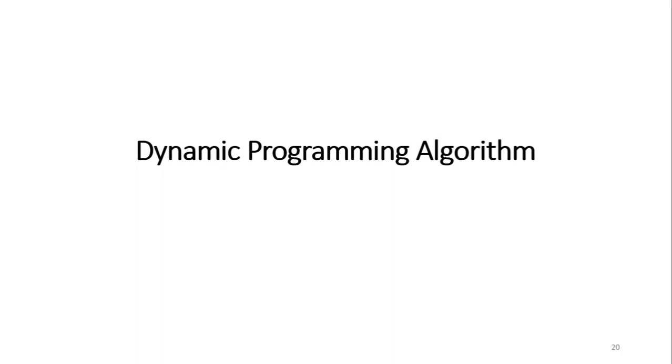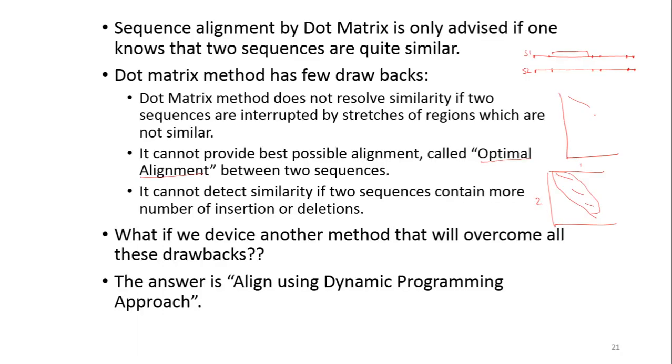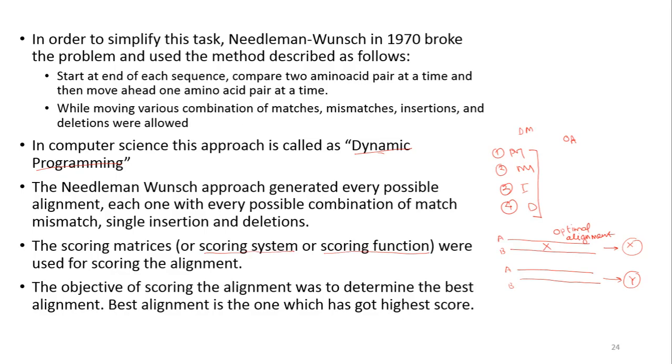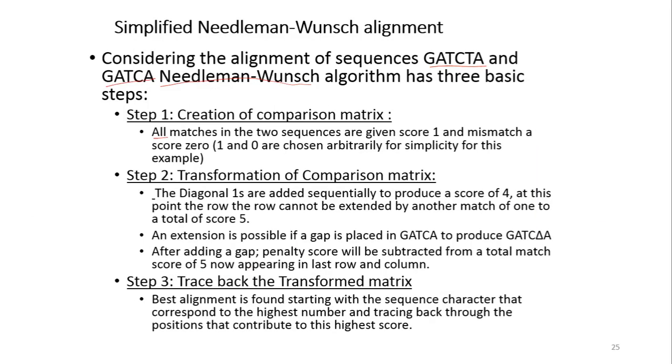We also started discussing what is dynamic programming, and I gave you the concept of dynamic programming, and introduced what happens in a typical dynamic programming protocol if you follow it to align the two sequences.